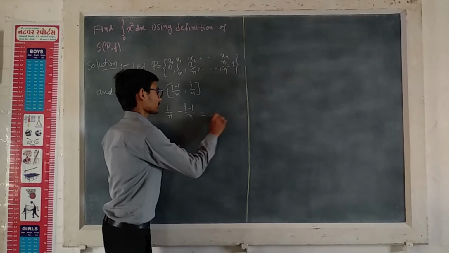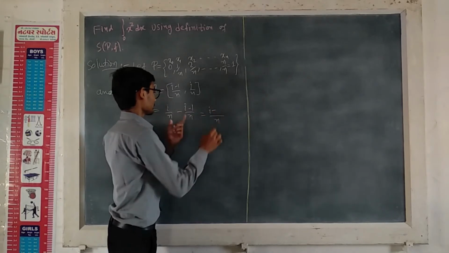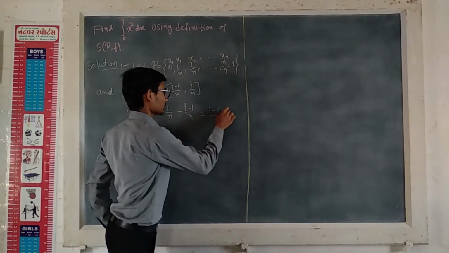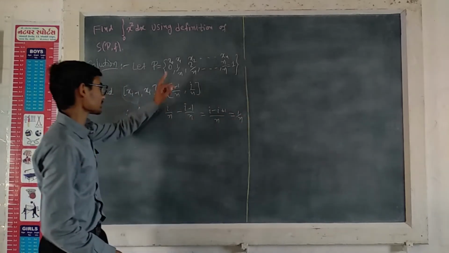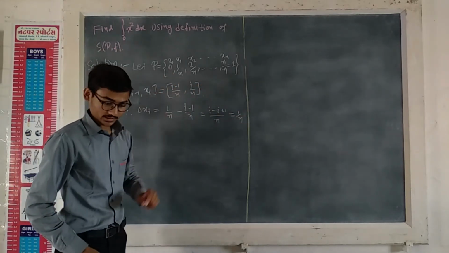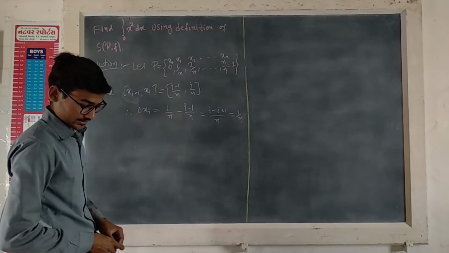Taking LCM n, i minus i plus 1 is equal to 1 by n. So each sub-interval has the same distance 1 by n; we gave an equal-distance partition.